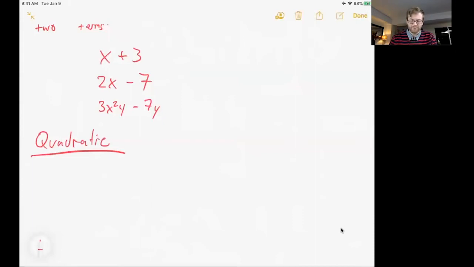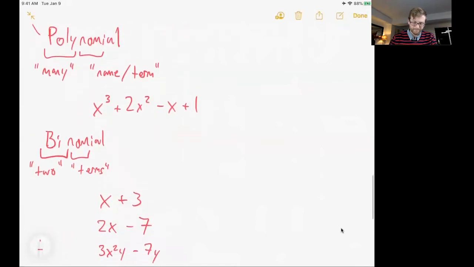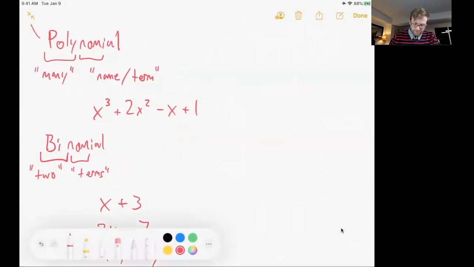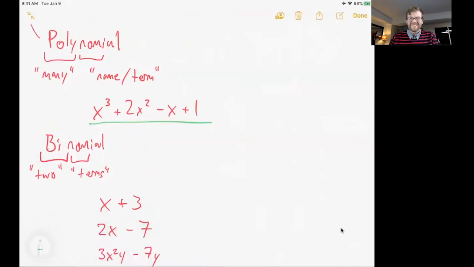So let me explain that word degree since I hadn't talked about it before. I want you to notice that this polynomial I gave you up here, the highest power of x in that polynomial was 3. So we would call that a third degree polynomial, okay?